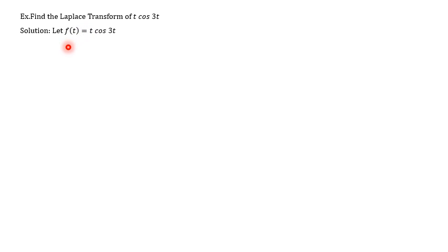Solution: let f of t equal to t into cos 3t. So here we are just considering this given example as a function of t. Then taking Laplace transformation on both sides, we get Laplace transformation of f of t is equal to Laplace transformation of t into cos of 3t. Now we have to use multiplication by t raised to n property to find the Laplace transformation of this t into cos 3t.